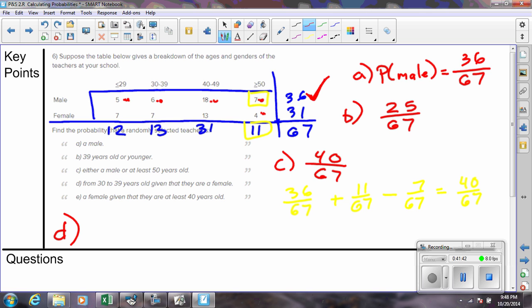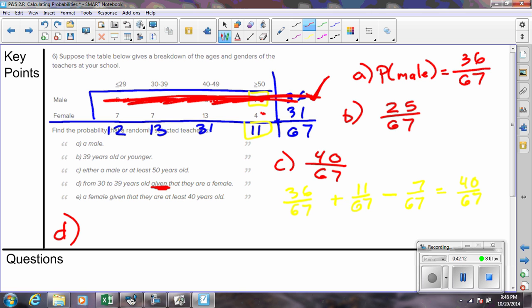For part D, from 30 to 39, find the probability that a teacher is between the ages of 30 and 39, given that they are a female. So we're saying the only group that we're interested in are women, which tells us all this stuff for men. Given that we are saying female, that group does not exist.